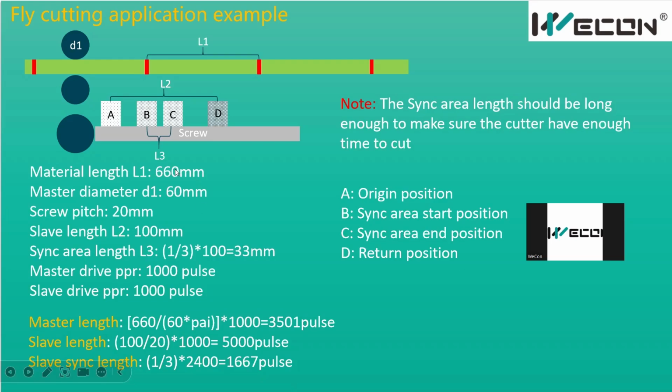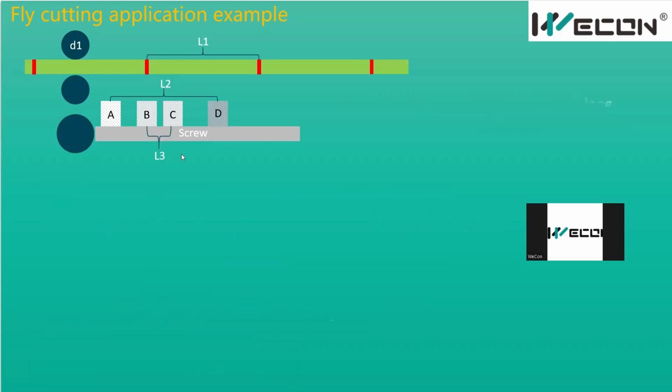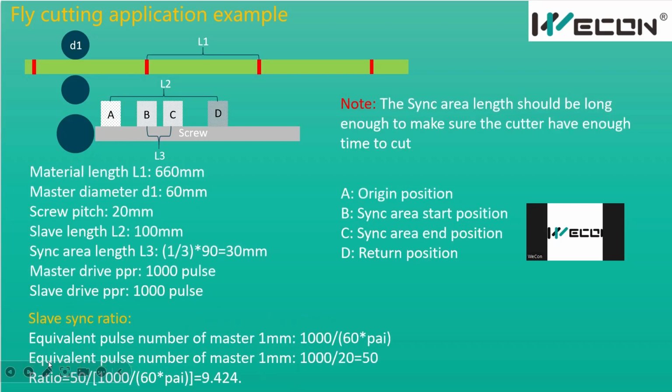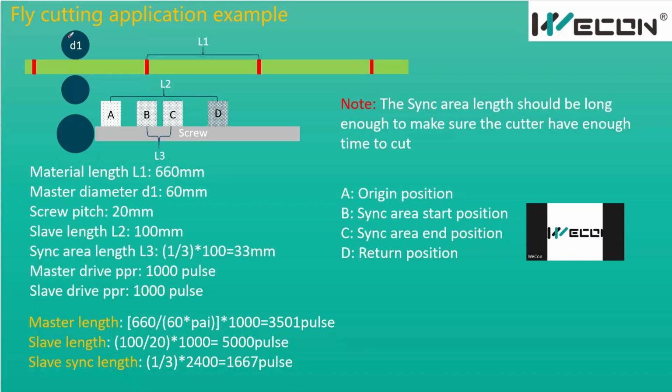Because the diameter of the master is 60 mm, we put it together with pi to get the length of this roller.